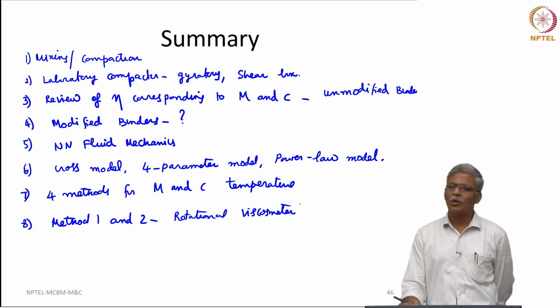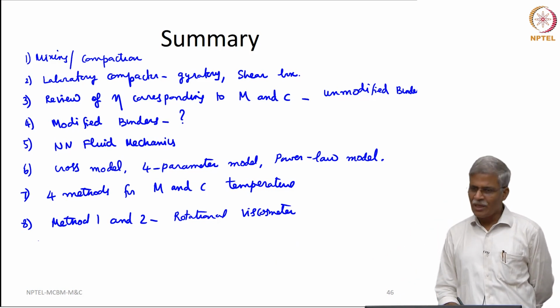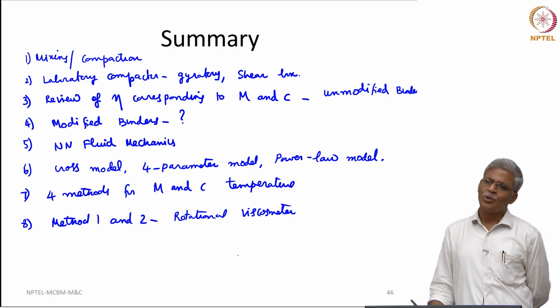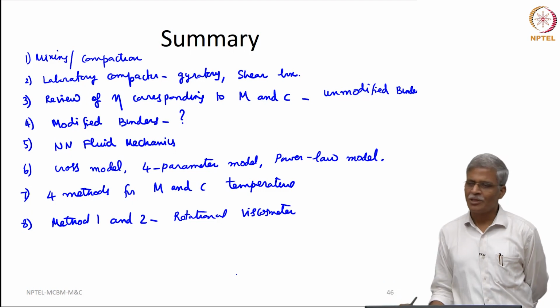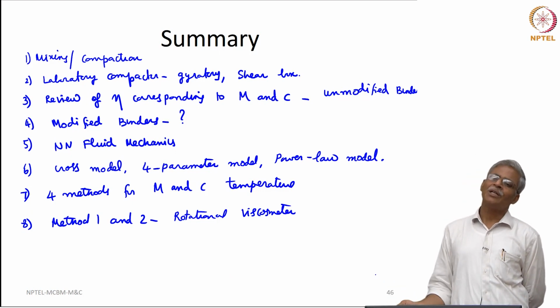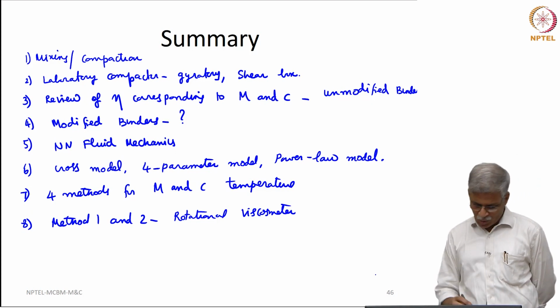The first method talked about zero shear viscosity, the second method talked about high shear rate viscosity, and an appropriate model was used, and using the model parameters, viscosity versus temperature charts were prepared, and from that the temperature corresponding to a specified viscosity was chosen.